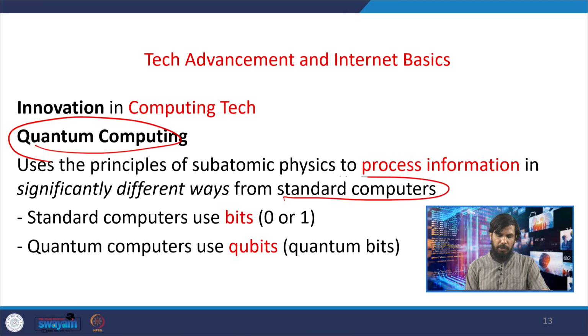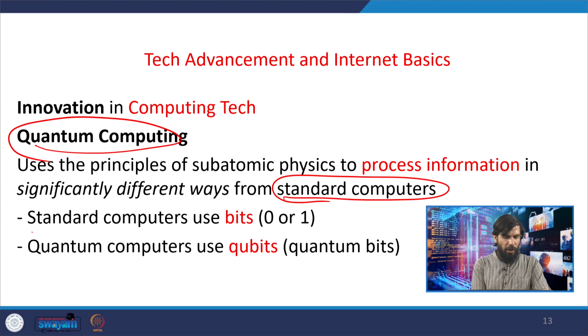The standard computers that we have been using for many decades process and code information in one way, while quantum computers do it differently, using the principles of subatomic physics.